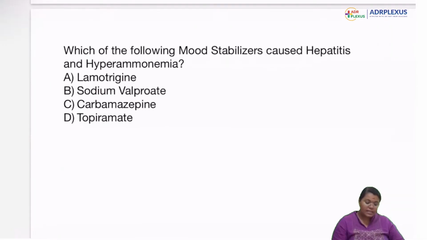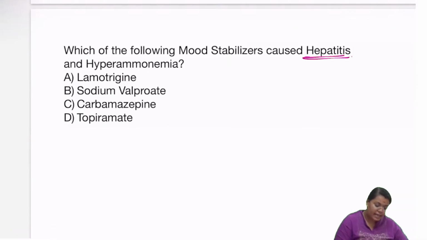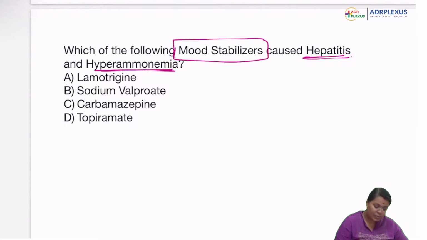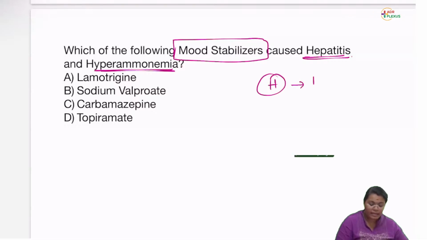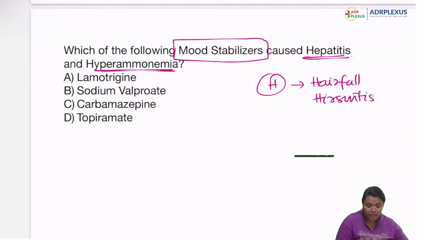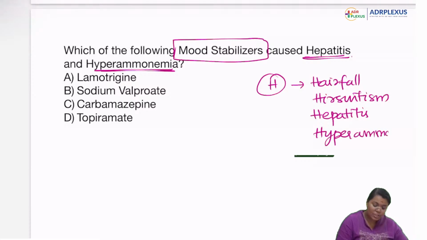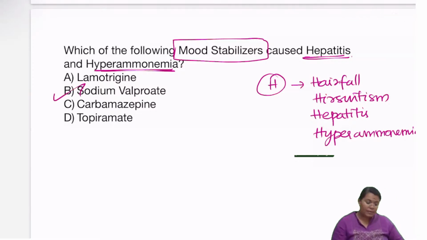Mood stabilizers that cause hepatitis and hyperammonemia. I've told you mood stabilizers are usually asked as questions. Hepatitis, hyperammonemia, everything that is H: hair fall, hirsutism, hepatitis, hyperammonemia. A lot of these H side effects are commonly seen with sodium valproate.